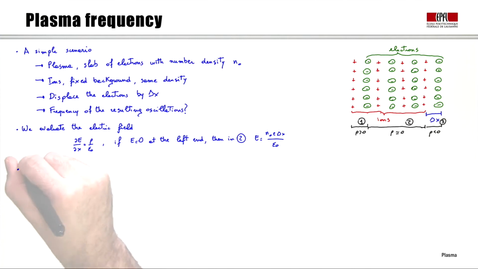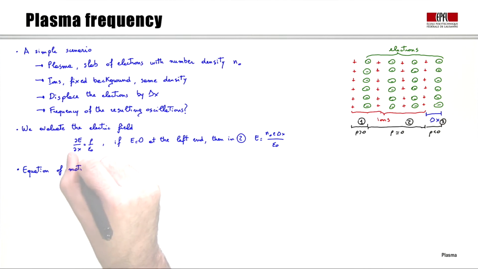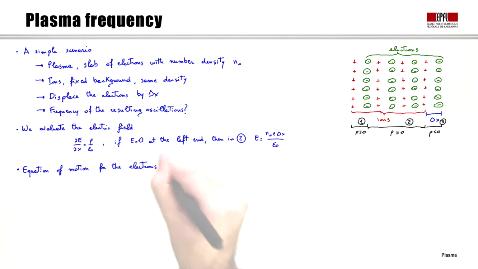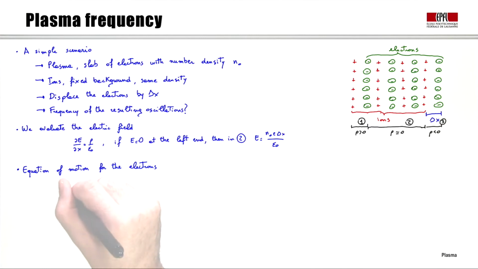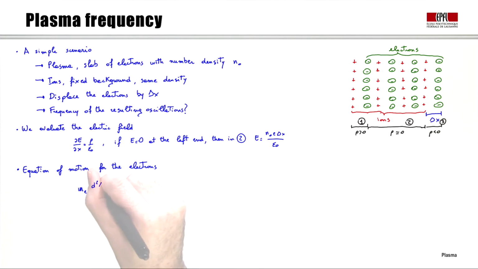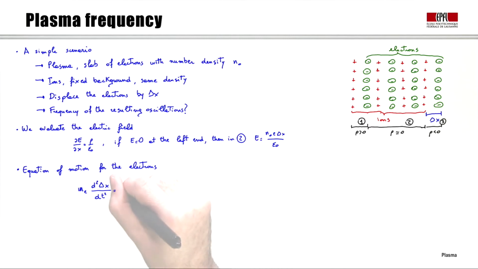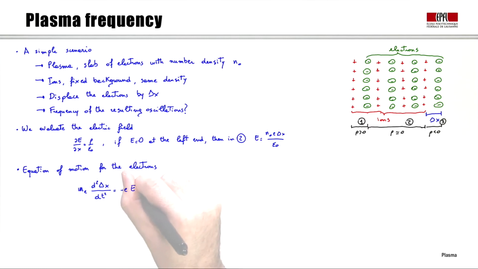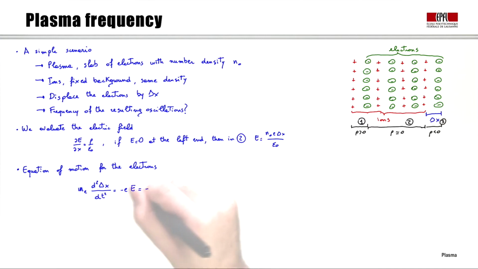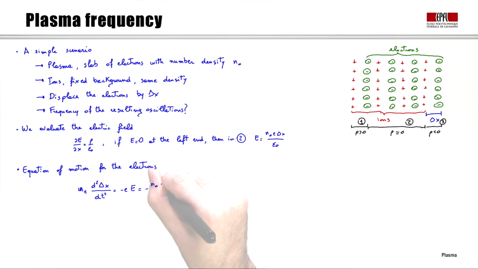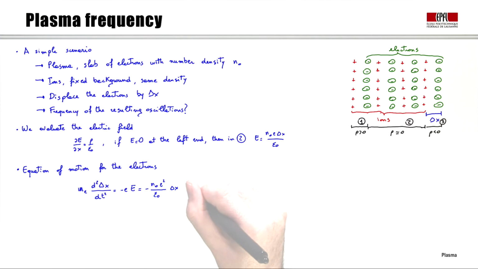We can now write the equation of motion for the electrons. As we know the electric field that they will be subject to, the acceleration of the electrons times the mass will be equal to the force, that is minus e times the electric field, and this will be equal to minus, with what we have just evaluated, n0 e squared divided by epsilon 0 times delta x.